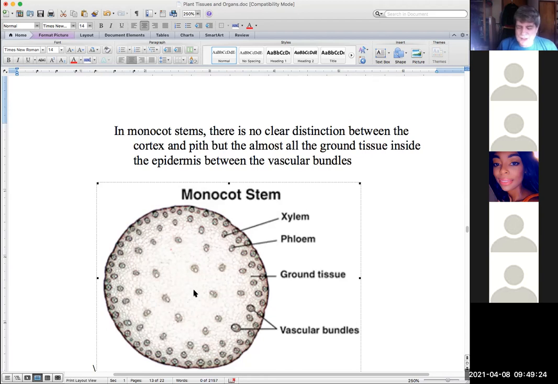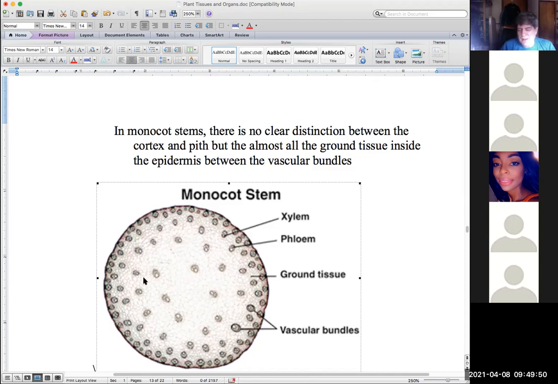So the vascular bundles that are most recent are on the outside here. Notice it's kind of hard to tell what's inside the vascular tissue to the inner part of the stem and what's outside the vascular tissue. So when we look at a monocot stem, we don't usually say that there's a pith or a cortex. We just call all these cells in the middle between the vascular bundles ground tissue.